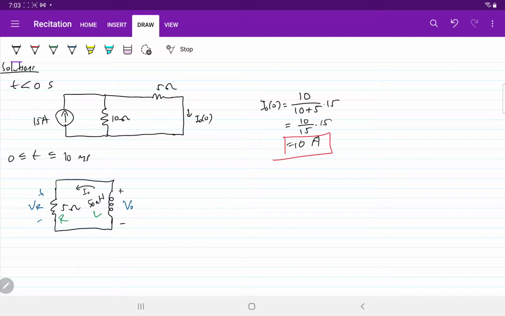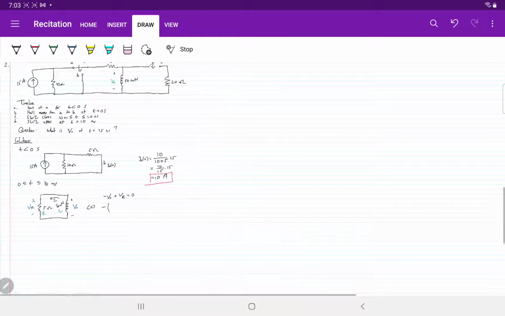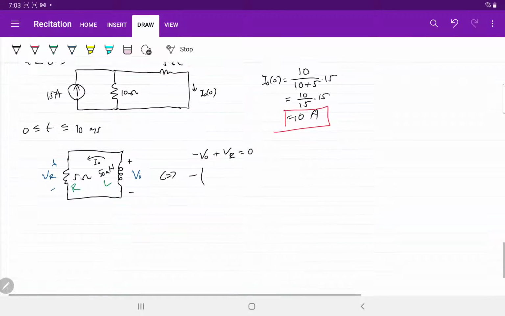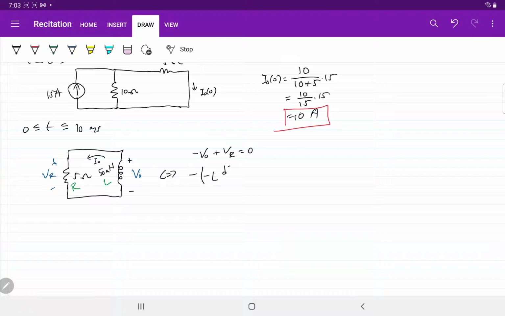So what's our KVL here? We have minus V0 plus VR must be equal to 0. But what is V0? So let's go back here. We have VL is L di_L over dt for current going into the inductor, but since the current is going out, you have minus L di0 over dt. VR is I0 times R, right?